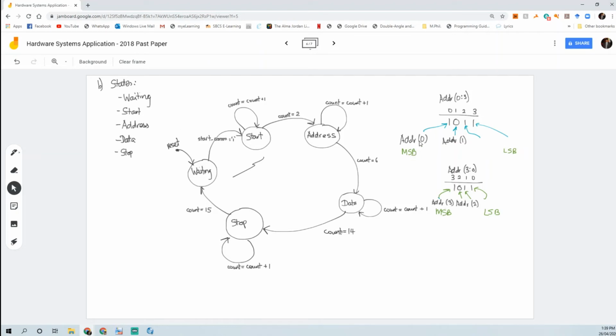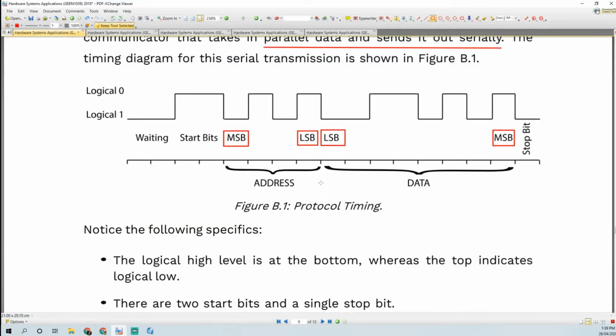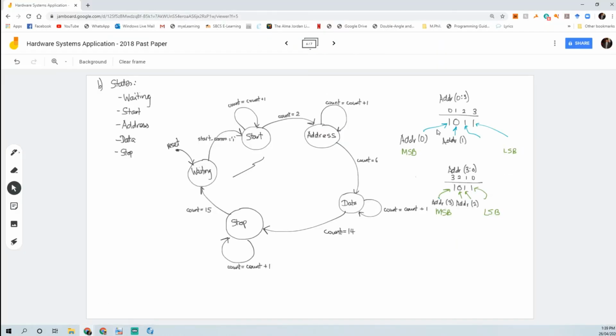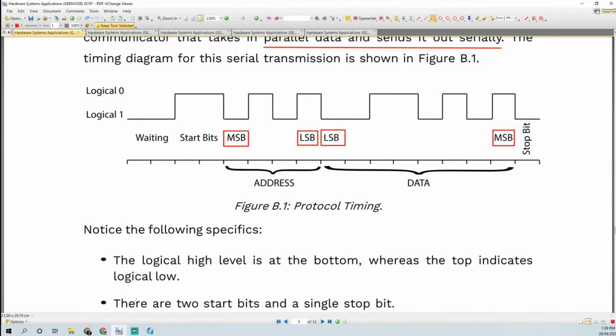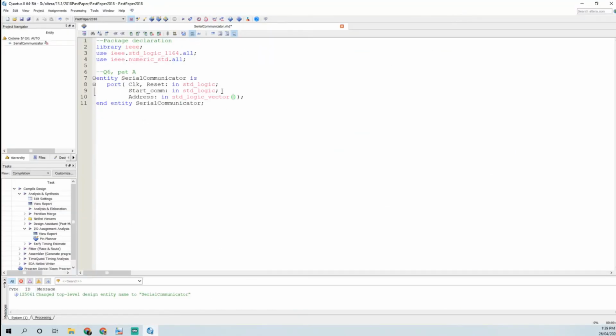So if we would like to send out most significant bit, then a lesser, then a lesser, then a lesser, which is what we're sending out here, then as the count value increments, we want this to be the most significant, then this, then this, then this. In other words, our indices are incrementing in value, which means that we would need to declare this vector as size 0 to 3.